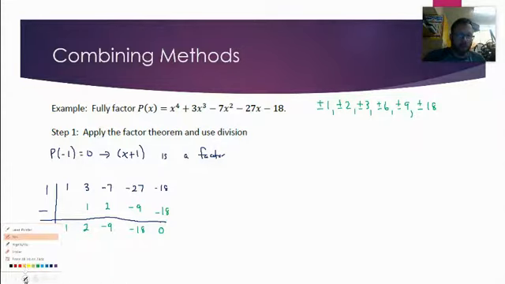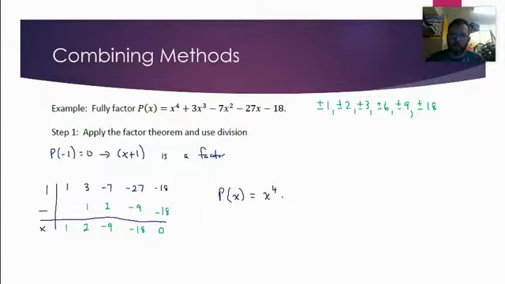And so what did this show us? This showed us that our polynomial, p of x, x fourth plus 3x cubed minus 7x squared minus 27x minus 18 is equal to x plus 1 times, and our synthetic division shows us, x cubed plus 2x squared minus 9x minus 18.